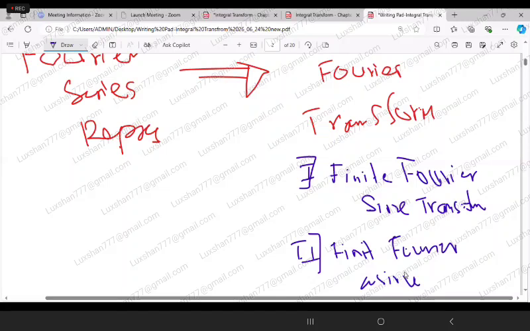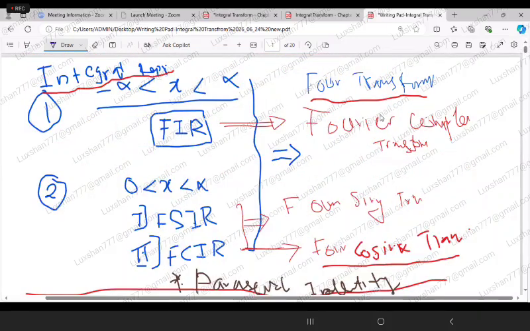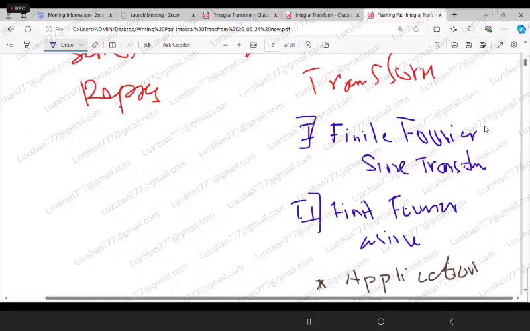We don't have a finite Fourier complex transform. Here we have three: complex transform, Fourier sine transform, Fourier cosine transform. But in here, we have only two: finite Fourier sine transform and finite Fourier cosine transform.